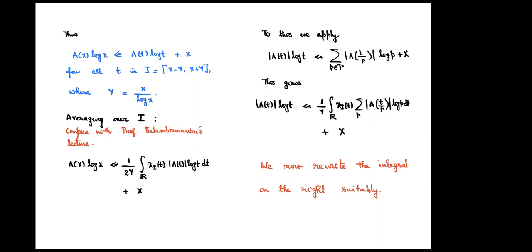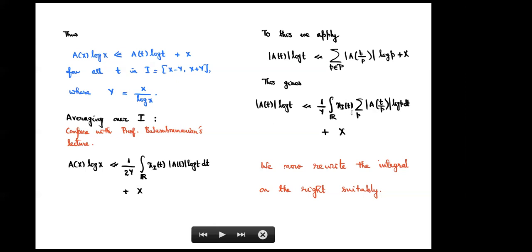Okay, so now to apply this, what do we do? Now you use the thing that we have proved, namely that at log t for any t is less than at by p log p plus x, as long as t is between 1 and x. So we use the inequality that we originally proved here after having averaged, first writing an averaging statement, average it, and then plug in this inequality inside this integral. So I put this inequality into this integral, and our integral gets written like this.